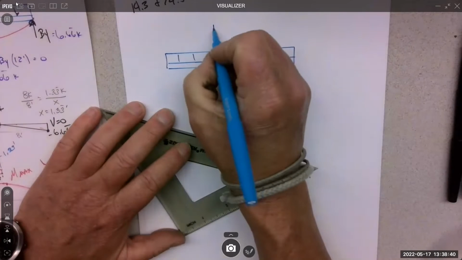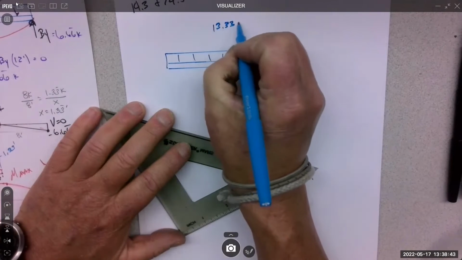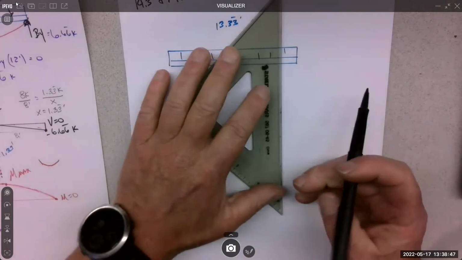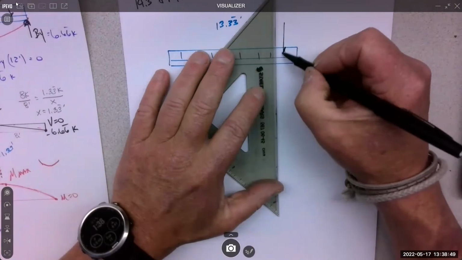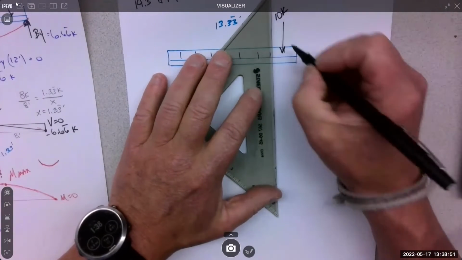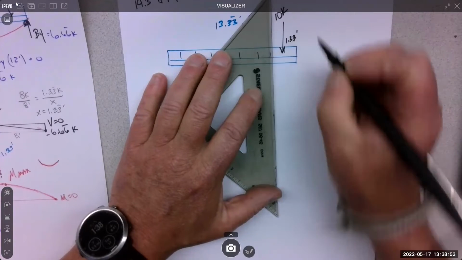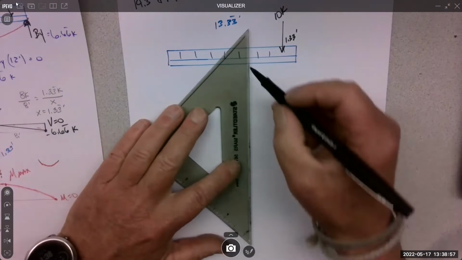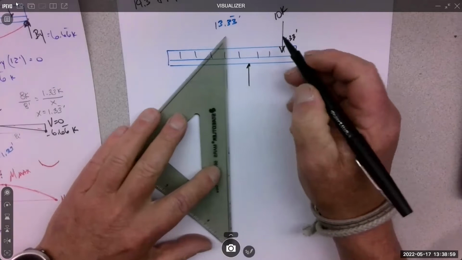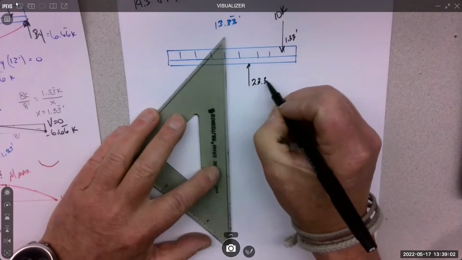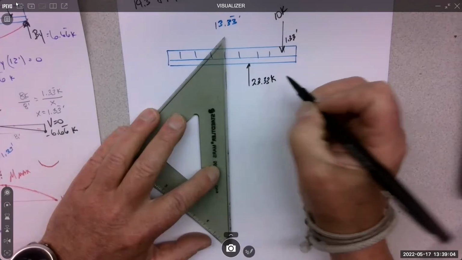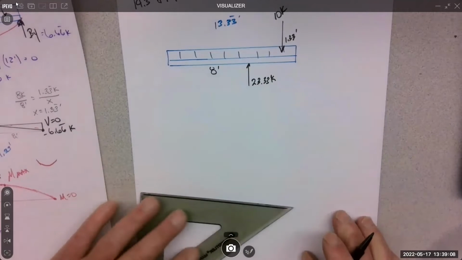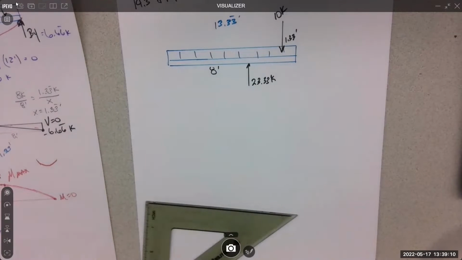I know my overall is 13.33 feet. I know there's this one, 10 kips at 1.33 feet. And then I have the 23.33 kips at 8 feet. I think that's everything.